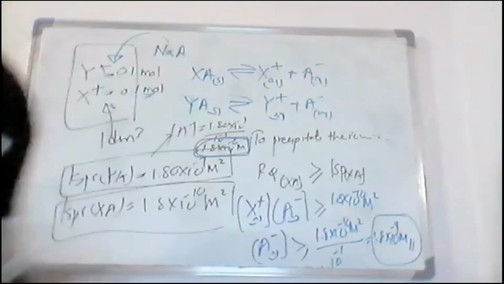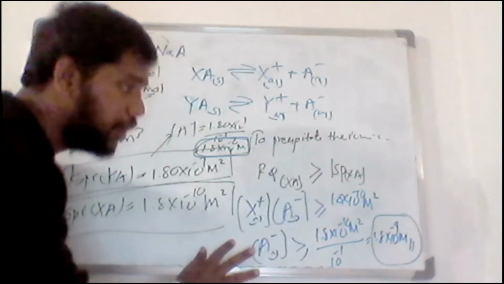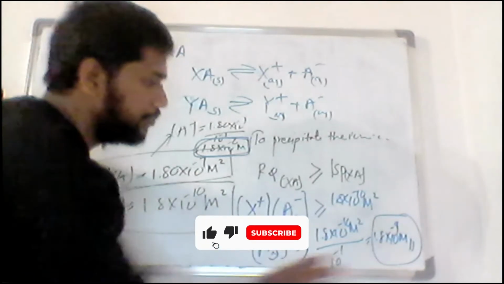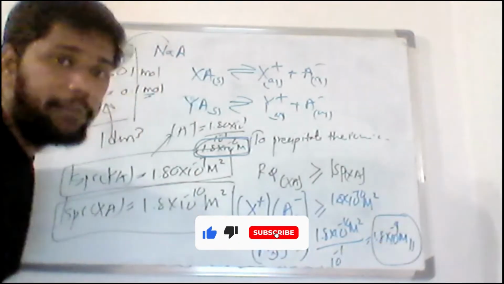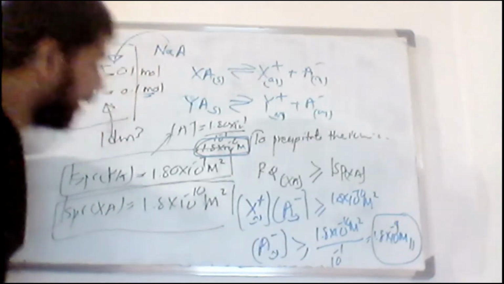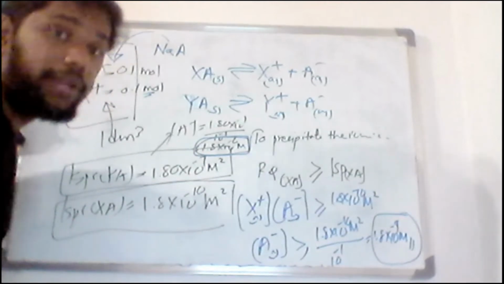What are the two values? In order to precipitate XA, you need a minimum A minus concentration of 1.8 into 10 to the power minus 9. And here you need 1.8 into 10 to the power minus 6.